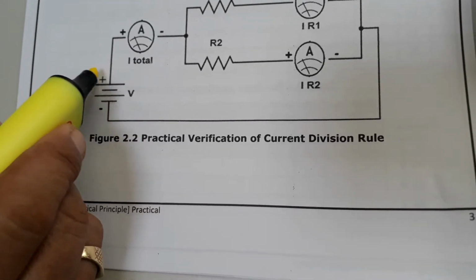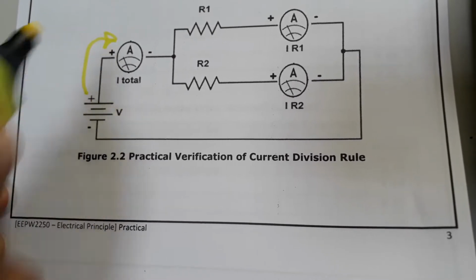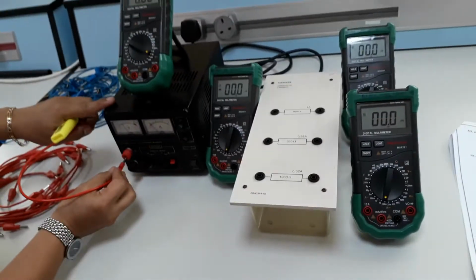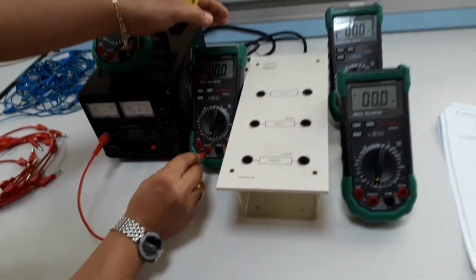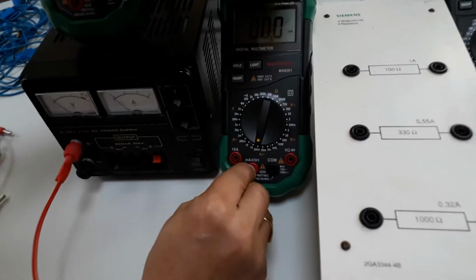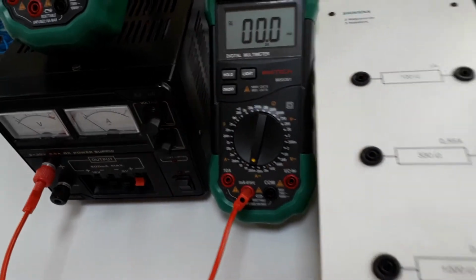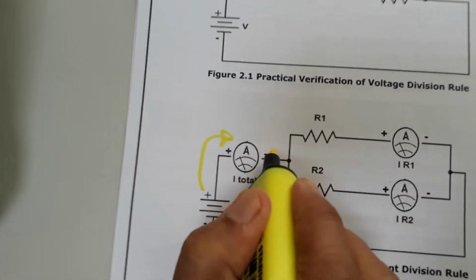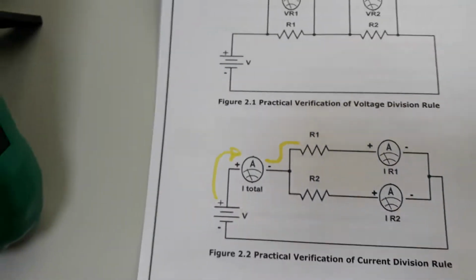From the positive of the power supply, we will connect to the positive of ammeter 1. So here we have the positive polarity. We will connect to the positive of our DC ammeter, ammeter 1, then the negative or the common of ammeter 1 will be connected to the input of R1.